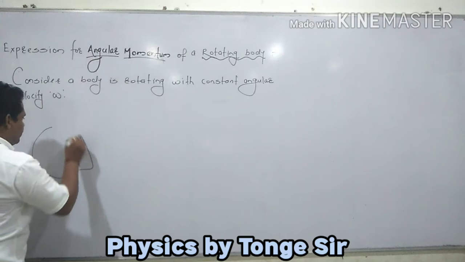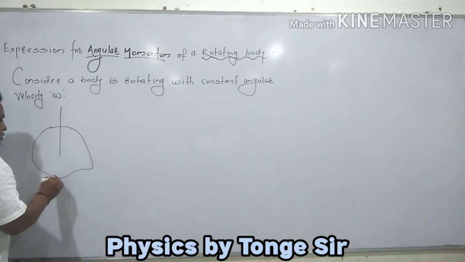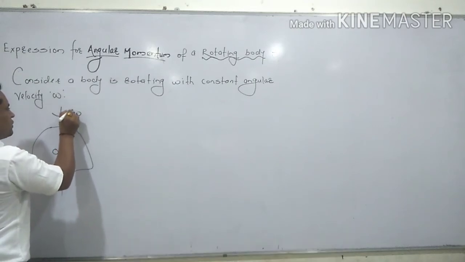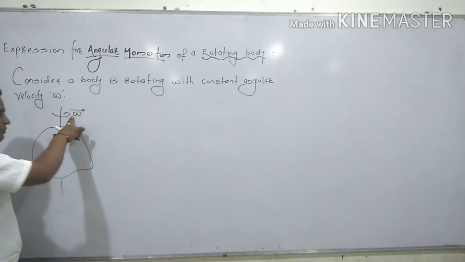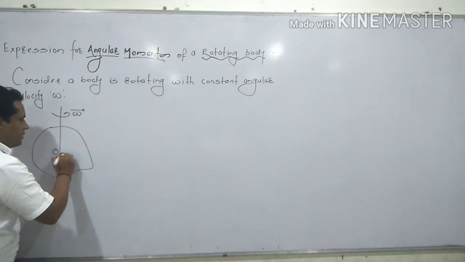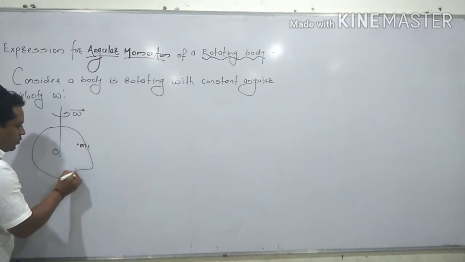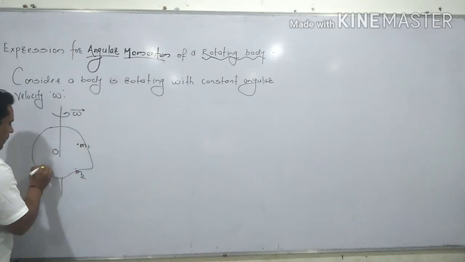Consider a body is rotating about an axis passing through point O. This body is rotating with constant angular velocity, shown in the figure. Let us consider m1 is the mass of the first particle, m2 is the mass of the second particle, and m3 is the mass of the third particle.